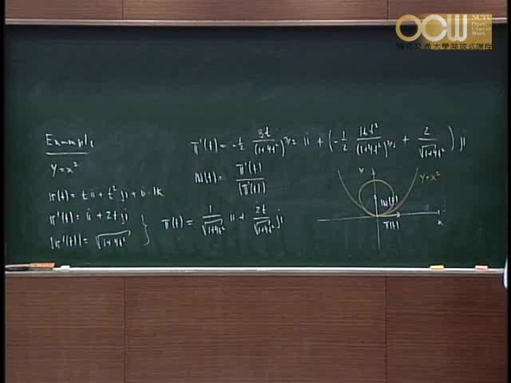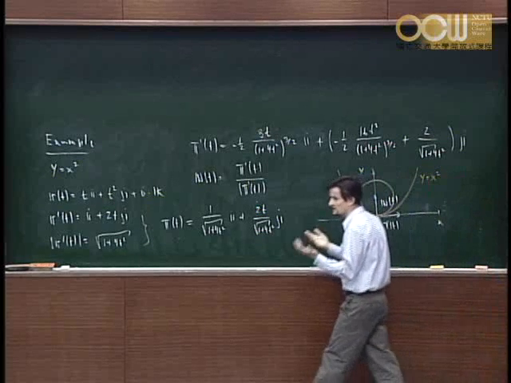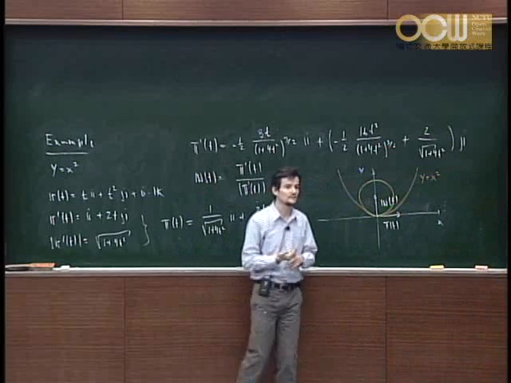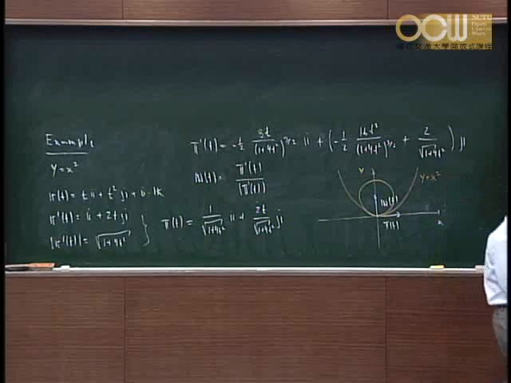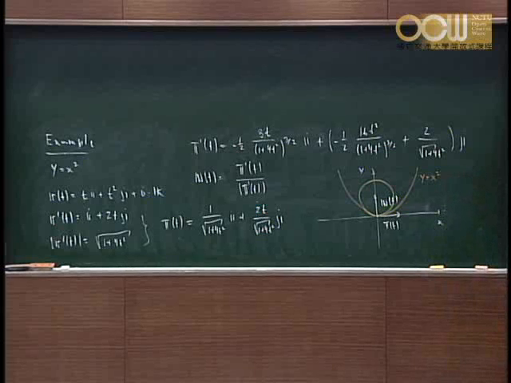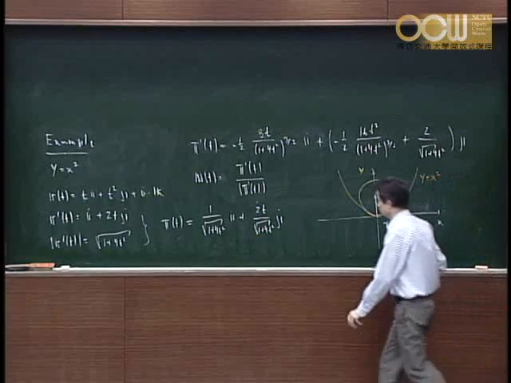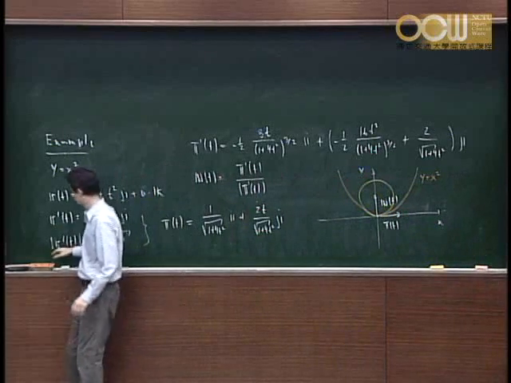But it's quite clear, because the tangent is something linear and the osculating circle is something quadratic. So you can normally get a better approximation by looking at a higher order approximation. Okay, so any questions to this?